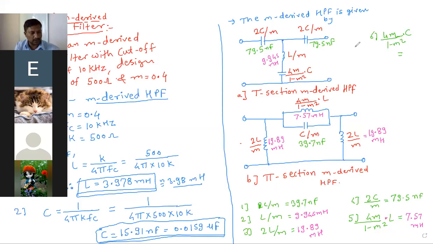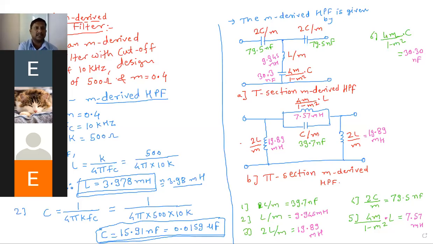Everyone cross check, only one student is giving an answer. 30.30, yes. 30.30 nanofarad, that is my answer. So this is the design of the M derived high pass filter.